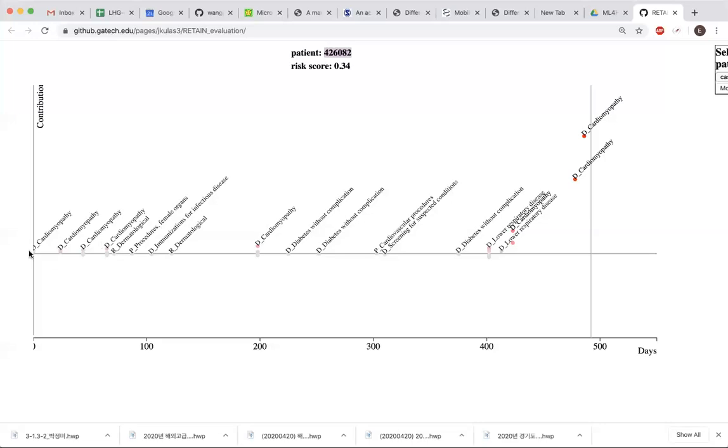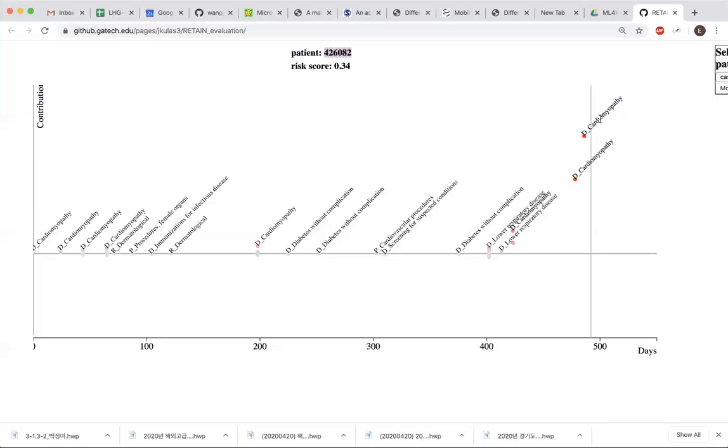As I said, the clusters indicate the individual visits, and you can see some are higher on the y-axis, and some are lower, located near the 0 point. What they mean is the contribution. RETAIN can exactly calculate the contribution of each event or each code towards the final prediction.